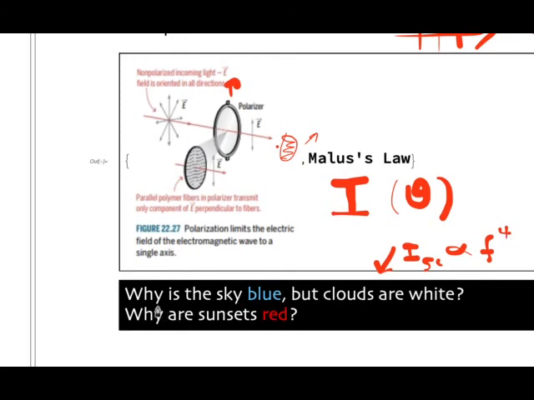So this explains why the sky is blue. Sunlight is a mixture of all the colors, but the blue wavelengths are scattered more than the red wavelengths or frequencies. And so the sky is blue. The skylight is scattered sunlight. Scattered by what? Scattered by molecules.